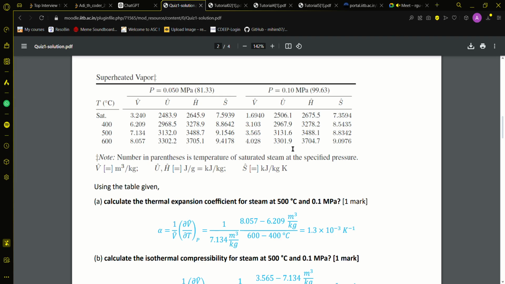So in this case we can take the volume at 500 degrees Celsius for the V cap, and the delta we can take to be between the 600 and 400.